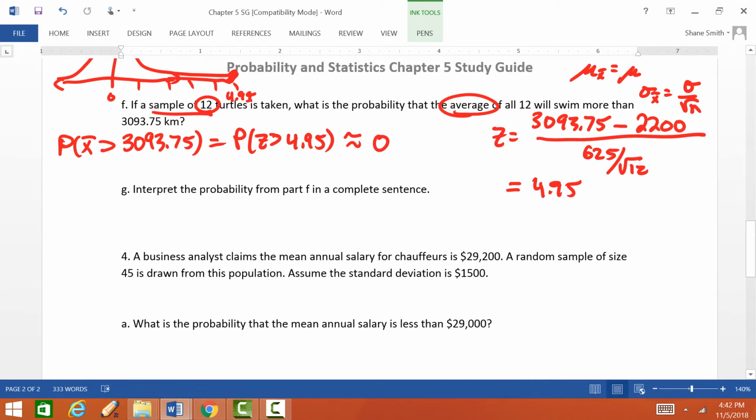Interpret the probability from part F in a complete sentence. So about, I'm saying about because it's not exactly 0, it's just about 0.